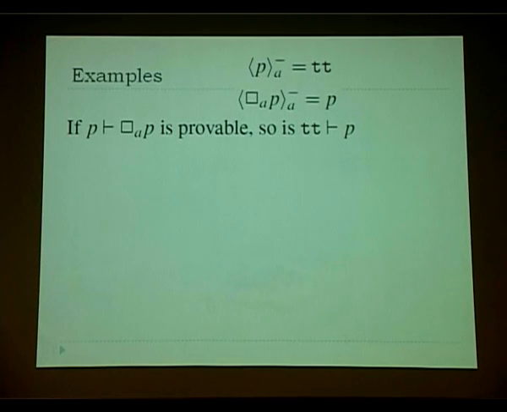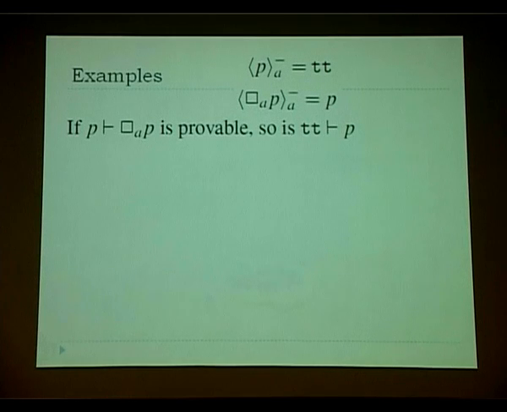So let us say, here is a really simple thing, which you already know is not true, but gives you an example of how we use the translation. I want to show that I cannot derive box A P from P, okay? So I go and apply my translation to it.